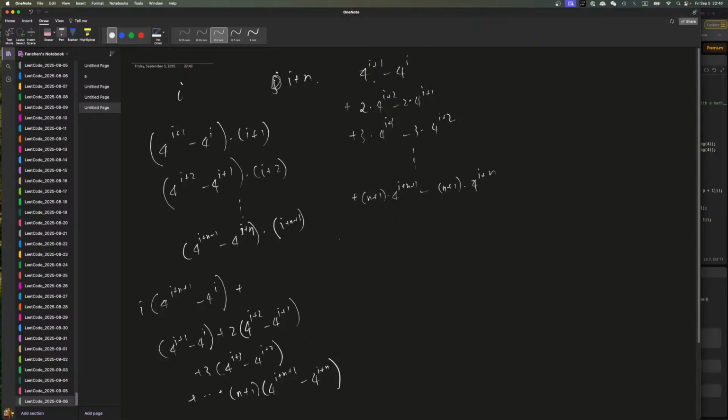What you find is this and this cancel. So essentially what we get is minus 4^i, minus 4^(i+1), minus 4^(i+2), all the way to minus 4^(i+n), plus (n+1) times 4^(i+n+1). That is what this one is.